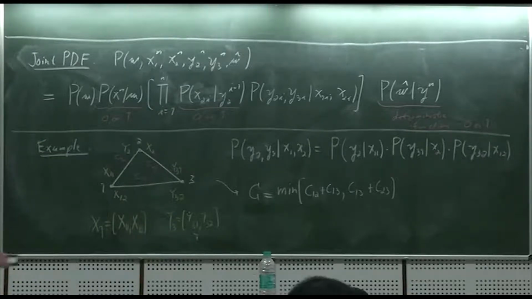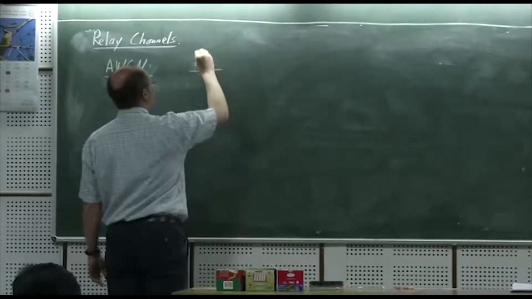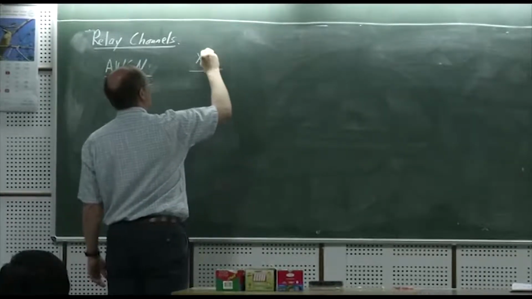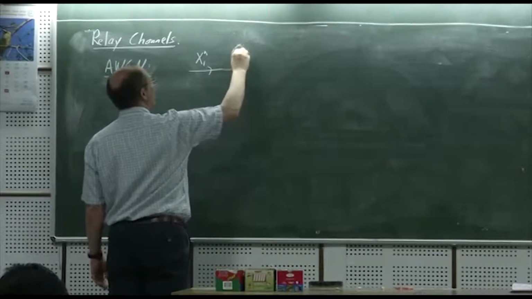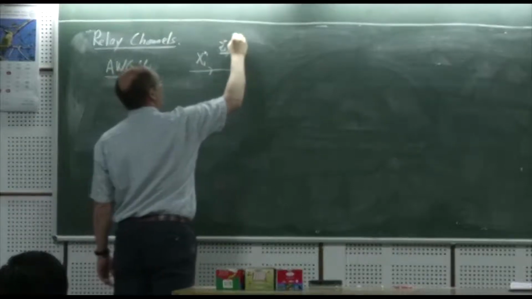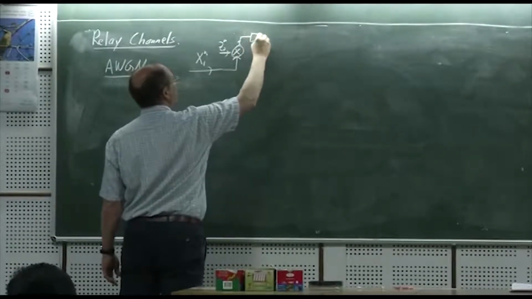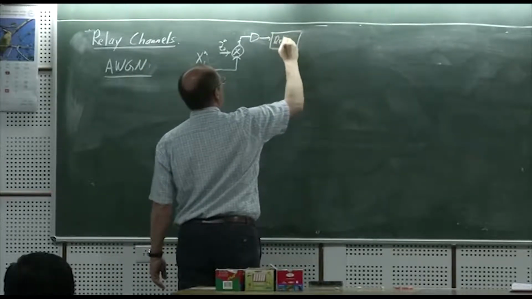Let's do the second example, and that's the Gaussian case. So AWGN channel, and the classic, the simplest approach, I think, is to look at it like this. Here we have an x1 to the n, and the relay sees a noisy version of this, so let's just call that noise z2n. Then we go through a delay function to emphasize the causality. Here we have the relay.